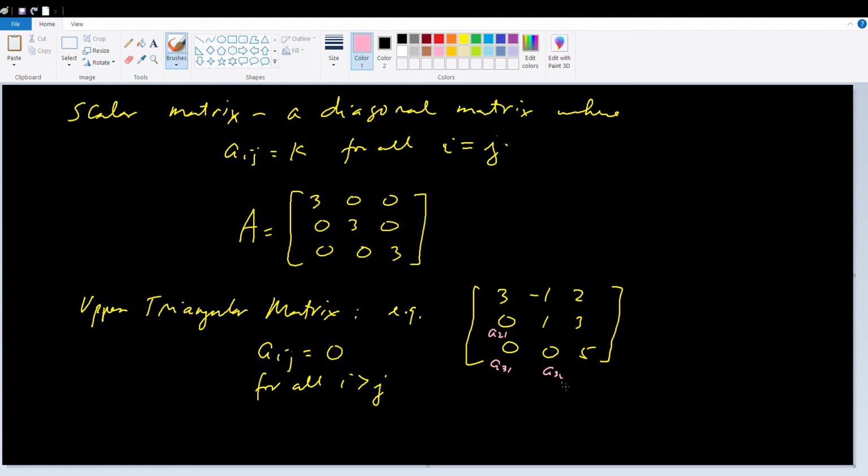For A32, the row number is 3 and the column number is 2. Again, the element is 0. And it is quite obvious why it's called an upper triangular matrix, because the elements along and above the diagonal are not all 0.